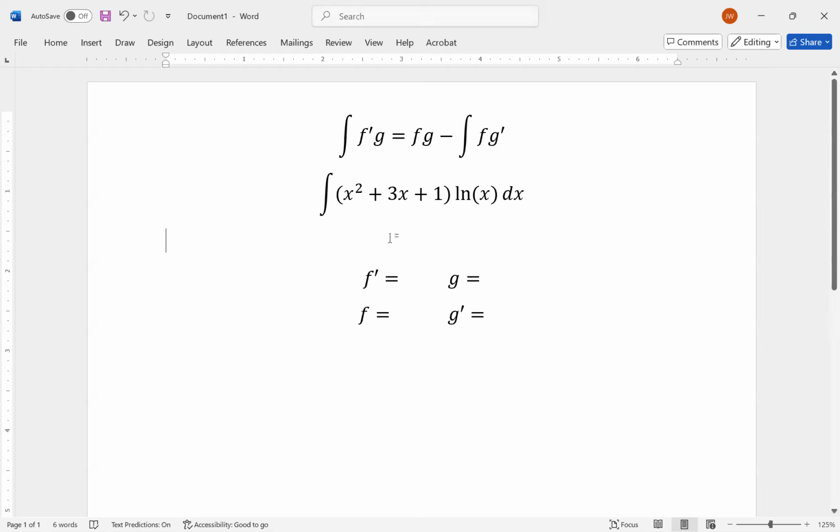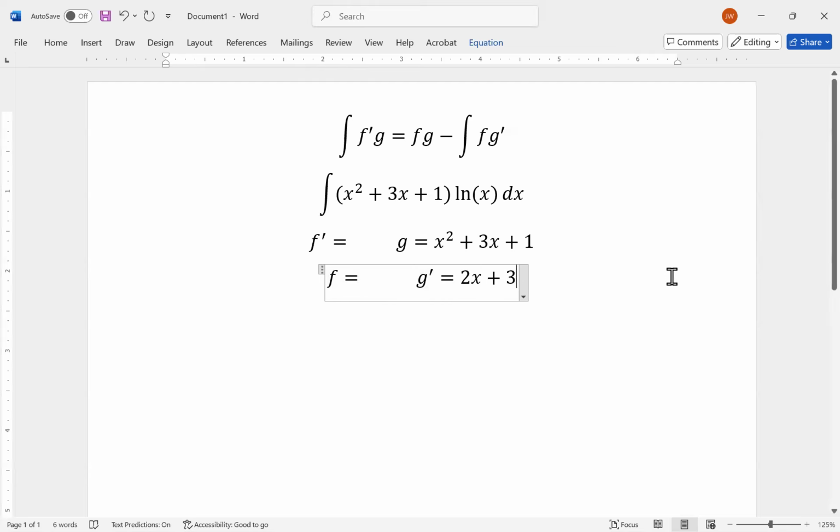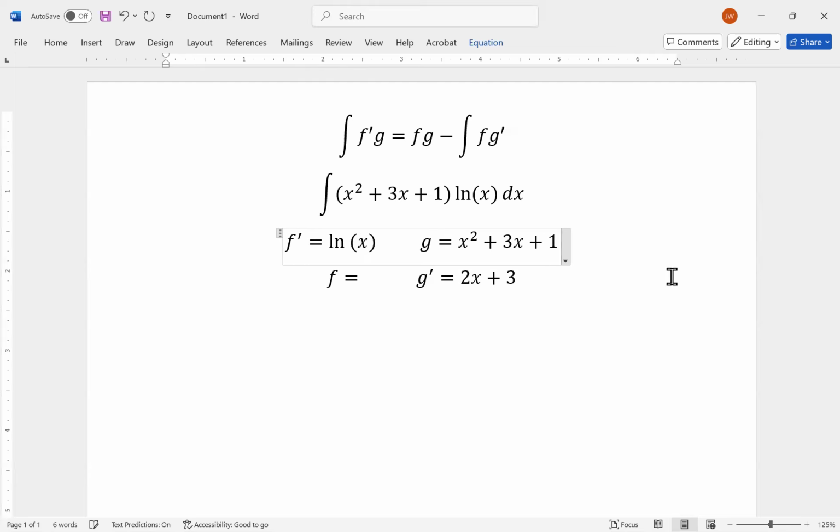If I were to have put my polynomial as my g, then the g prime would be fine to deal with, okay? But that would have forced me to put natural log of x as my f prime.